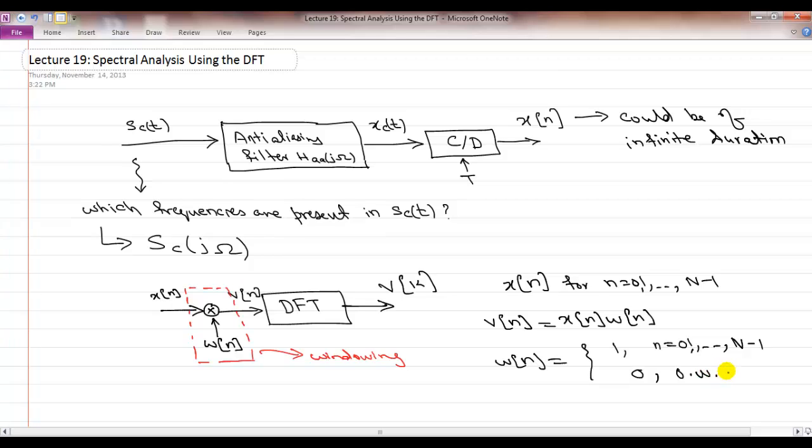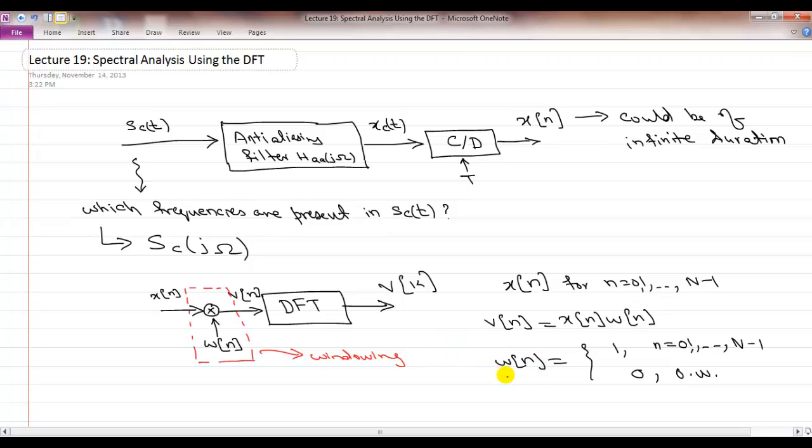If you multiply a finite duration sequence with an infinite duration sequence, you get back a finite duration sequence. The easiest way to turn an infinite duration sequence into a finite one is to throw out everything beyond, say, 1,000 or 2,000 samples. That is equivalent to multiplying your xn with a finite duration sequence which is all ones for 2,000 samples, and then becomes 0.